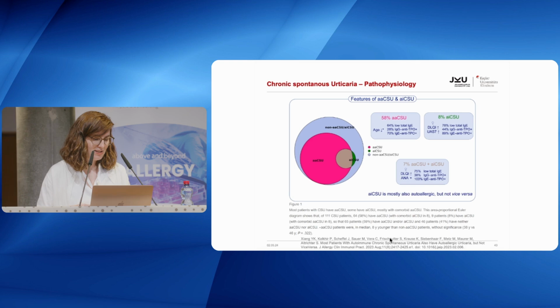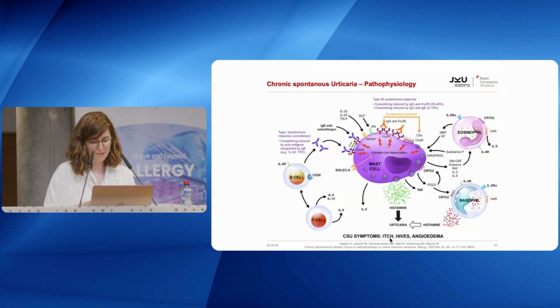comes from this more recent study where we looked at how many patients maybe even have features of both. So like autoallergic CSU and autoimmune CSU, and we see patients can even have features of both. So probably it's not that you either have one or the other, maybe there is also a little bit of overlap that is possible in these patients.